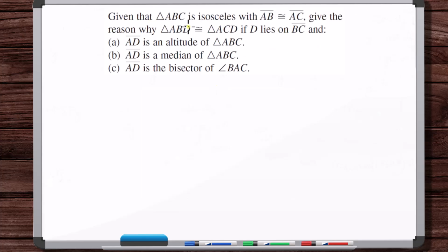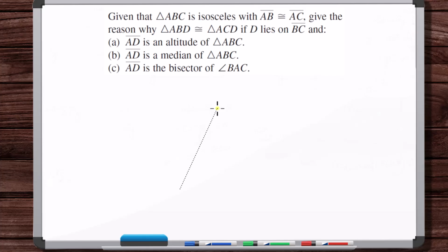Given that triangle ABC is isosceles with AB congruent to AC, give the reason why triangle ABD is congruent to triangle ACD if D lies on segment BC and these criteria here. So, okay, let's draw this triangle.